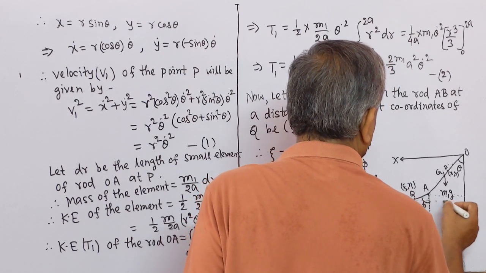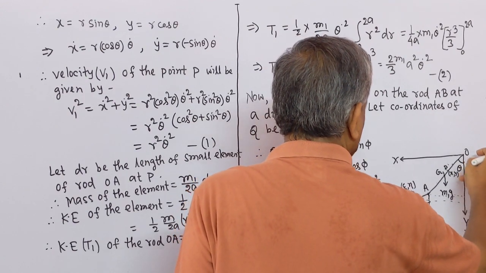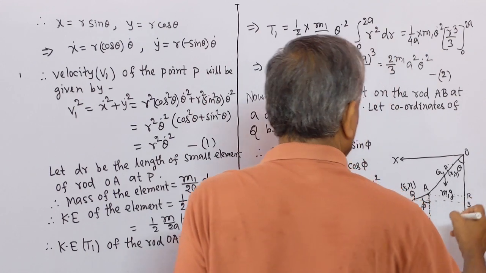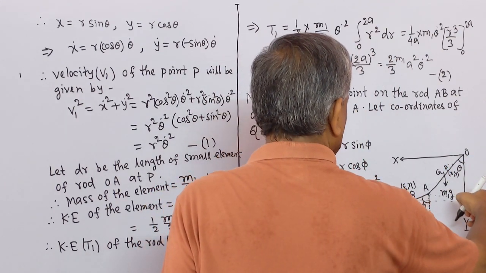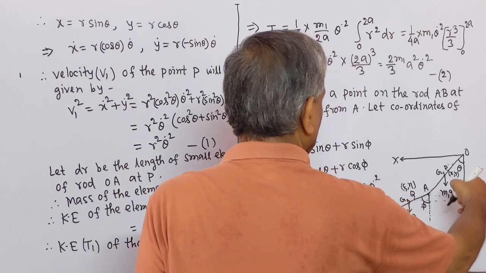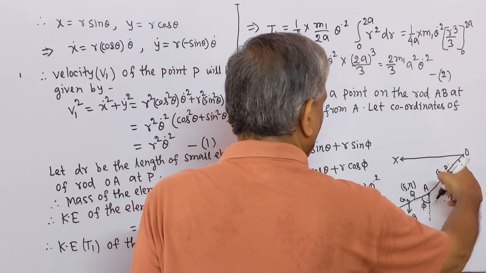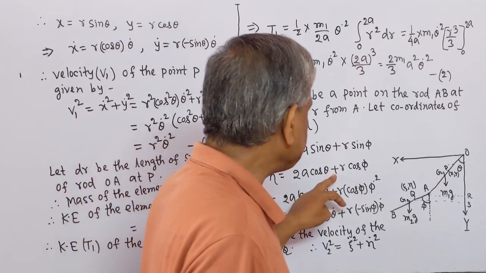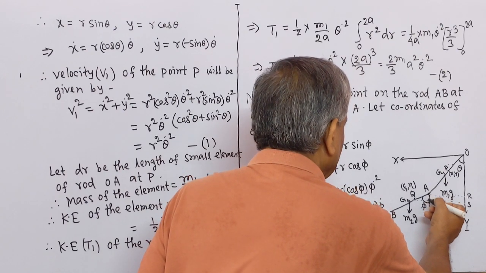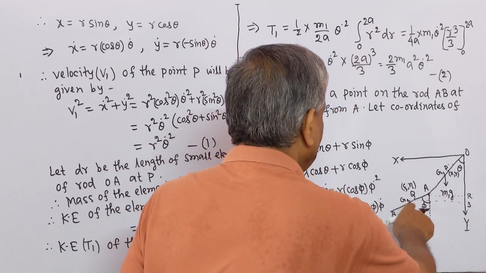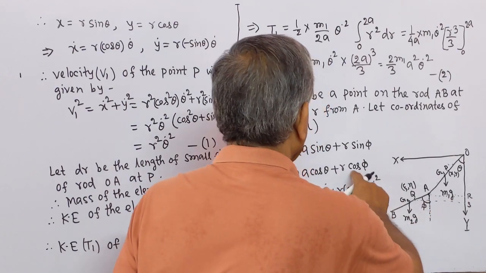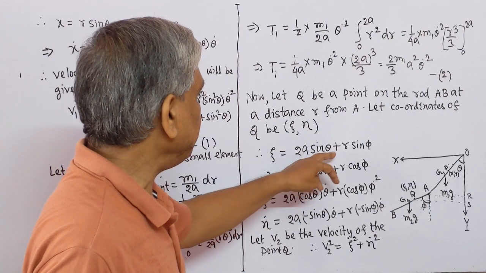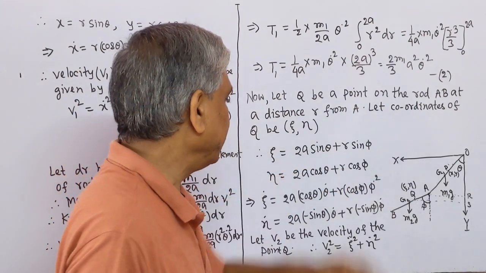The projection of OA is 2a cos theta, therefore eta equals 2a cos theta plus r cos phi. Similarly, the x coordinate xi equals 2a sin theta plus r sin phi.